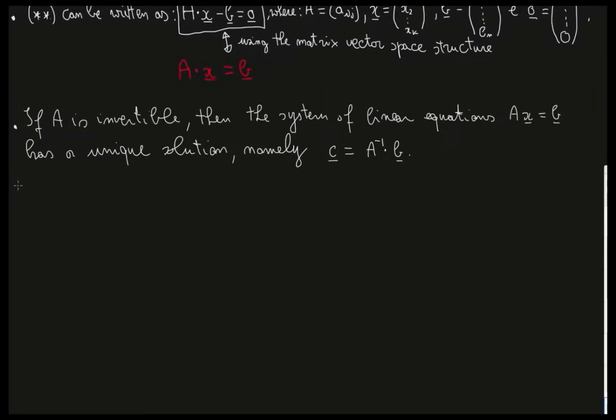Another important remark is the following. Let's assume the particular case in which B is the null column vector. Therefore we are in the situation of A times X equals the zero vector. In this particular case, the system always has a solution.